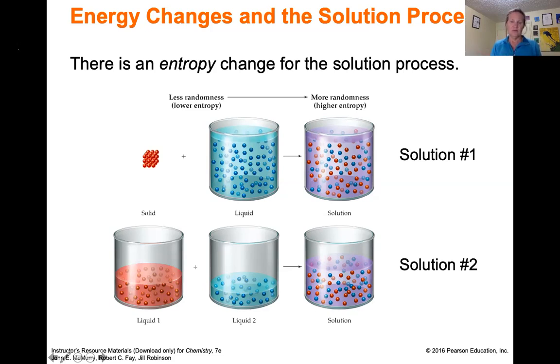And you may remember from Chem 107, if it has less order, if things are more random, then we say it has higher entropy. So in general, when you make a solution out of pure components, the top row, a solid in a liquid, the second row, a liquid in a liquid, you are creating more entropy. So it has a positive entropy change for that process.